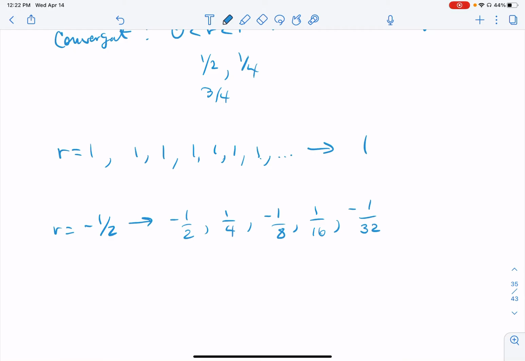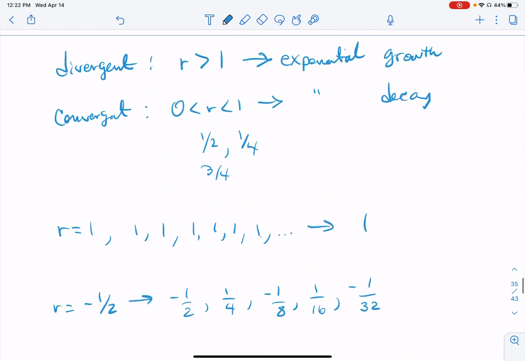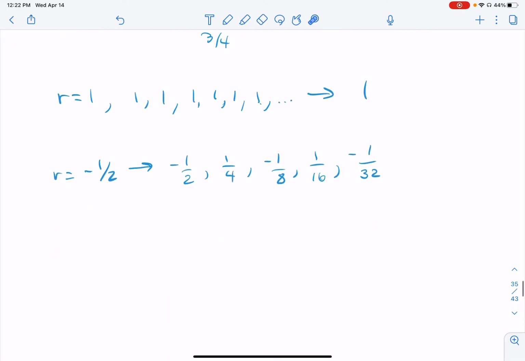And they alternate. Well, we've already talked about the absolute value theorem: if this one right here, positive 1/2, converges, so is the alternating one going to converge, because all we would be doing is taking the absolute value of it. Really, what it comes down to is this. You've got negative 1/2 to the nth power.